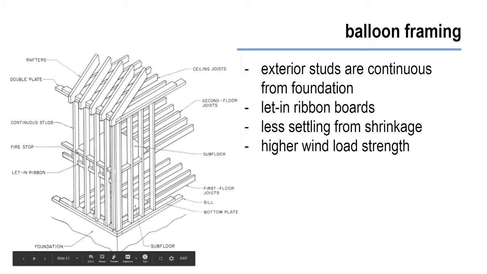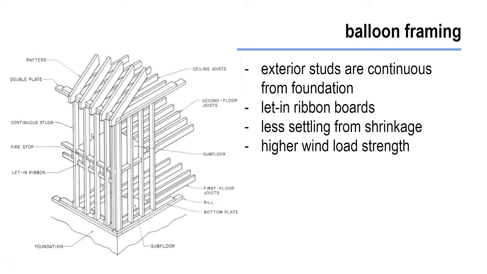And so the main difference, as hopefully you can see, is that this wall stud goes all the way up, and that our floor joists are kind of just nailed in to our studs rather than our wall stud sitting on top of our floor. But those let-in ribbons is a board that supports each floor joist, and although it's not widely used anymore, some balloon framing techniques are used in special situations.